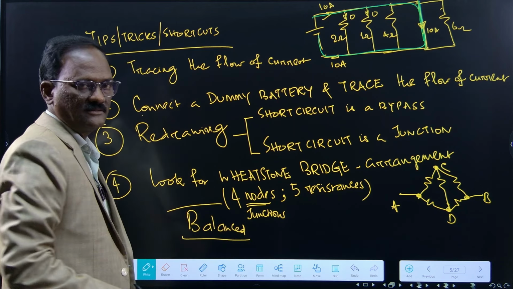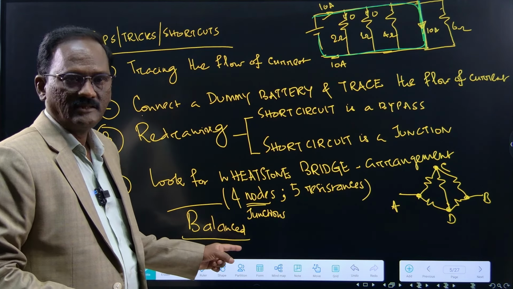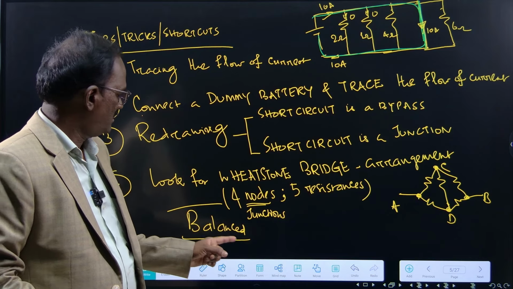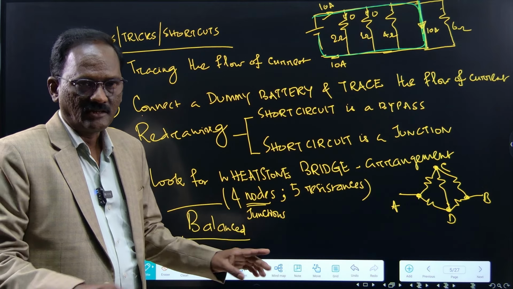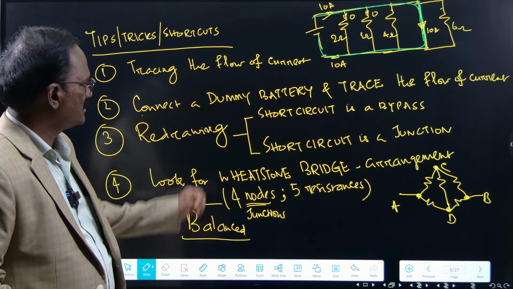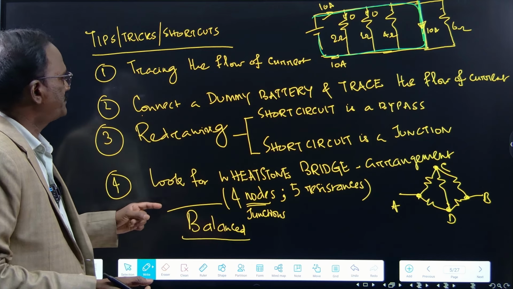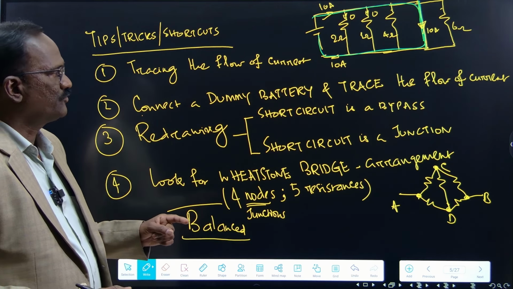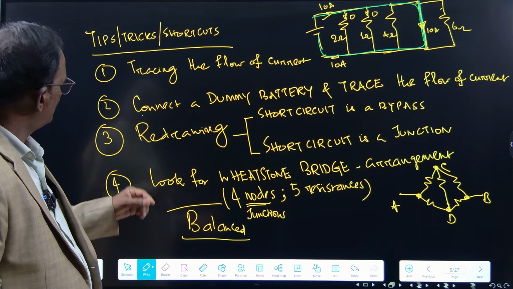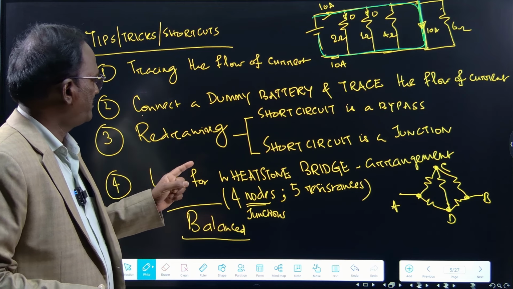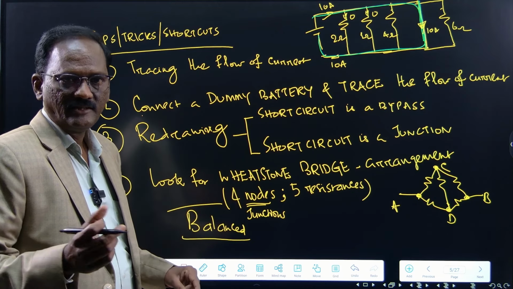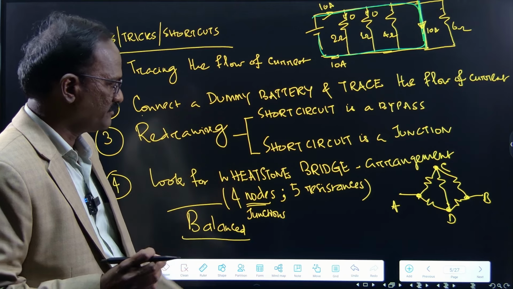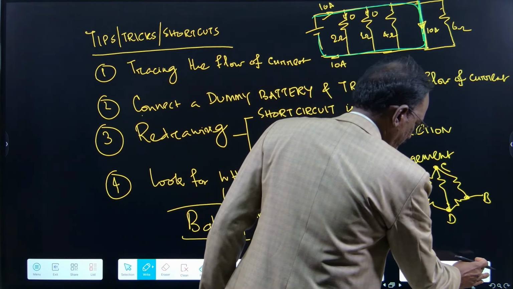Find whether it satisfies the balanced condition, right? Accordingly, the problem will be solved. So these are some of the ideas or tips. They are very, very useful for us when we go and solve the problems. I will be discussing them whenever there is a need to use them here, right?